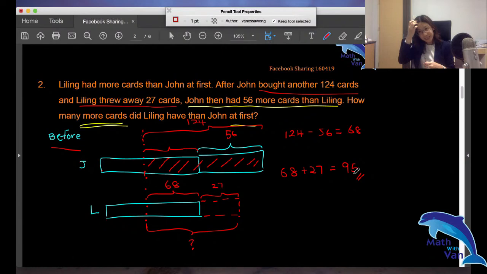Clear? I see that some of you are getting the answer correctly. Well done. So you see that due to the nature of the question, due to the type of information that is given, model drawing will help you in your solution greatly.